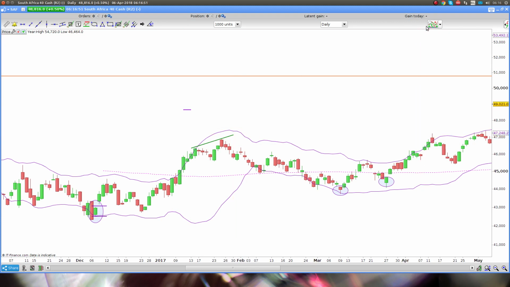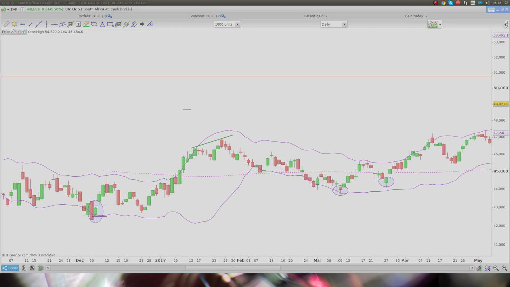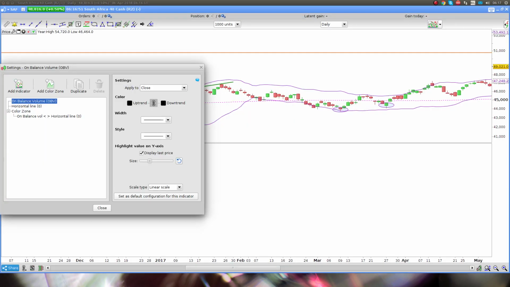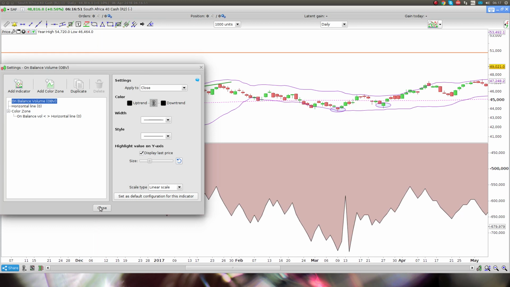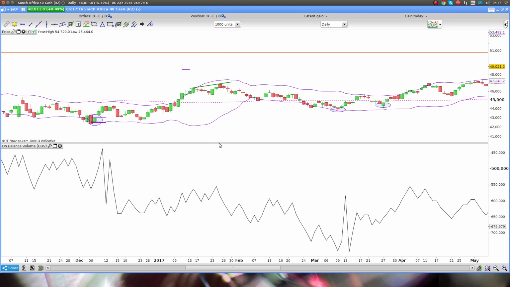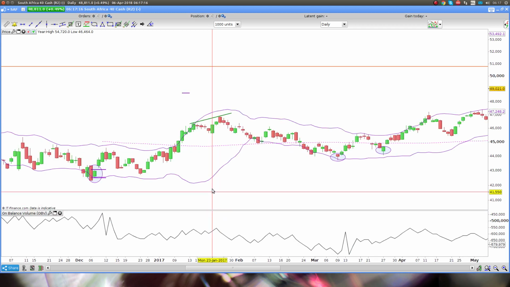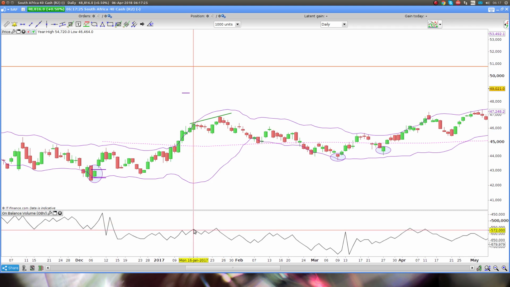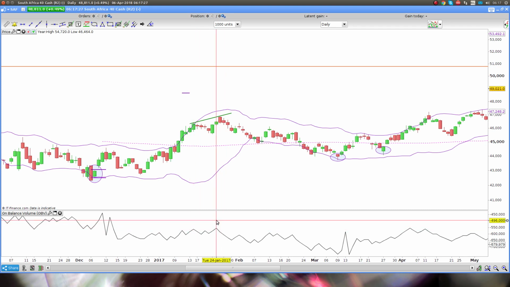And if I had an oscillator in, let me just get the on-balance volume and add that to this. Okay, there wasn't really divergence on that.